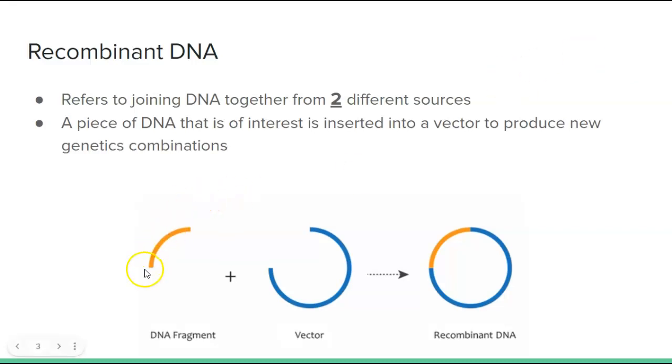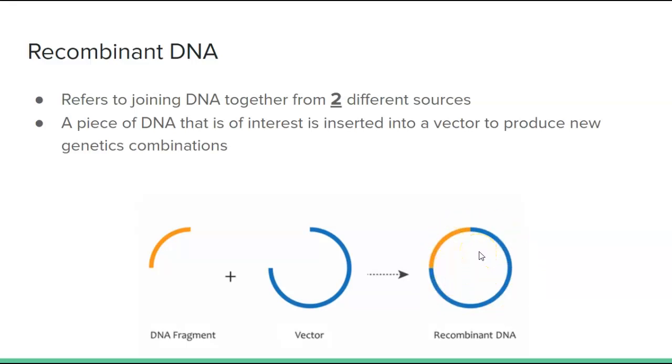You get a piece of DNA that is of interest, maybe something for a plant that is resistant to pests. And then you insert it into a vector. This could be a virus, this could be a bacteria cell, just something that will replicate quickly. And then you get this recombinant DNA.